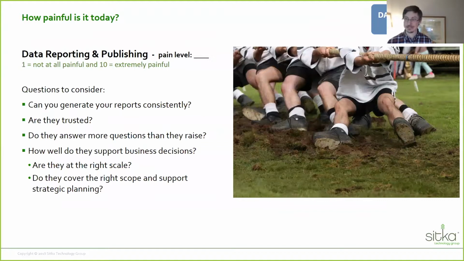Do you get funny questions from management, executives, stakeholders that are difficult to answer? And how well do your reporting and publishing solutions support business decisions? Are they at the right scope and scale? And do they support strategic planning in the right ways? This is really starting to get at how you turn this whole process into an asset for your organization.